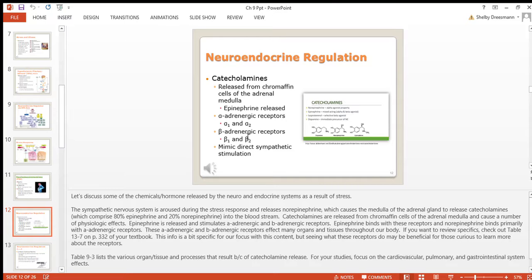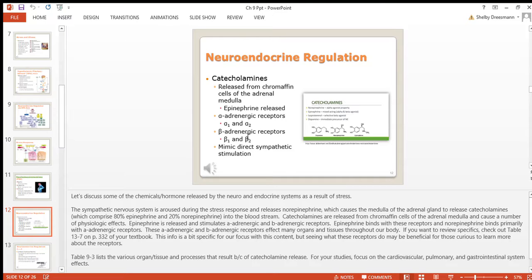Various organ and tissue processes can happen because of catecholamine release. However, you want to focus on the cardiovascular, pulmonary, and GI system effects. The primary catecholamines that we are discussing are norepinephrine and epinephrine. But she wanted to include all the different catecholamines in this image.